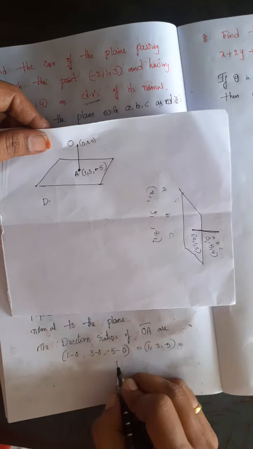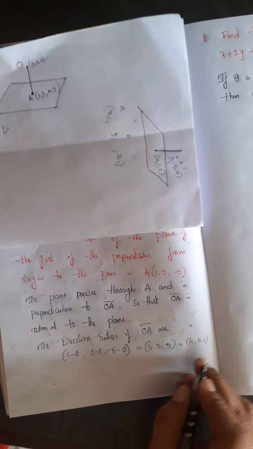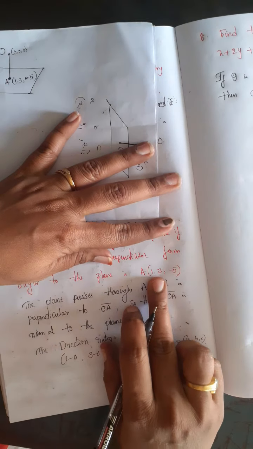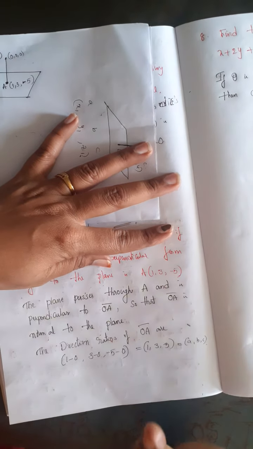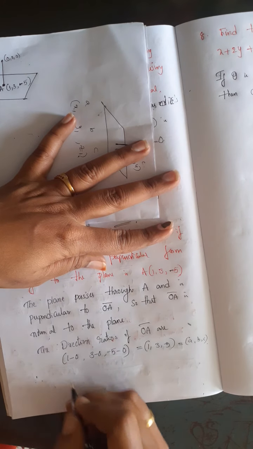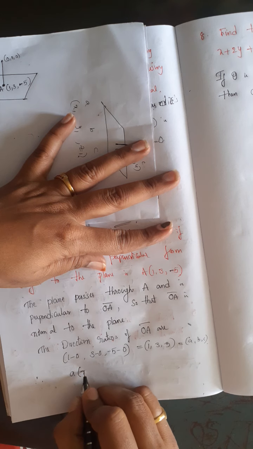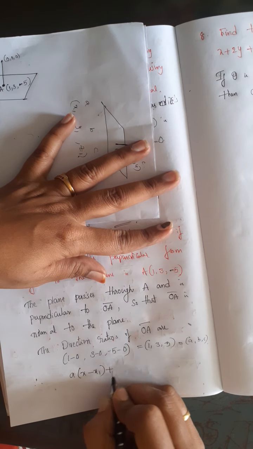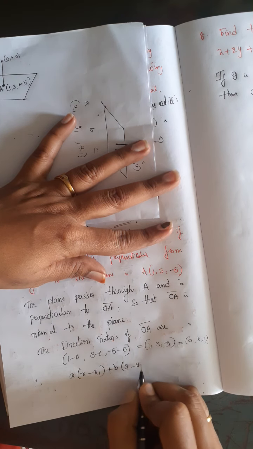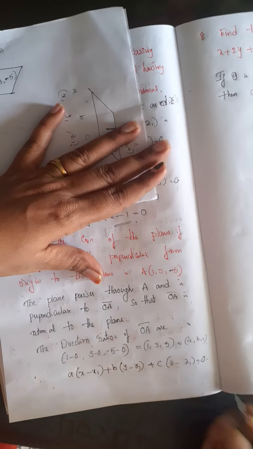These are nothing but a, b, c. Now you have a, b, c and it is passing through (1, 3, -5). Therefore what is the equation? If you know one point and directional ratios, the plane equation is a(x - x1) + b(y - y1) + c(z - z1) = 0.